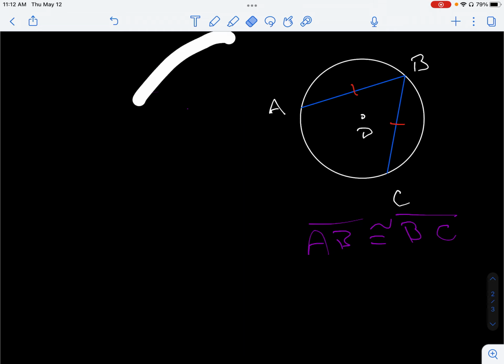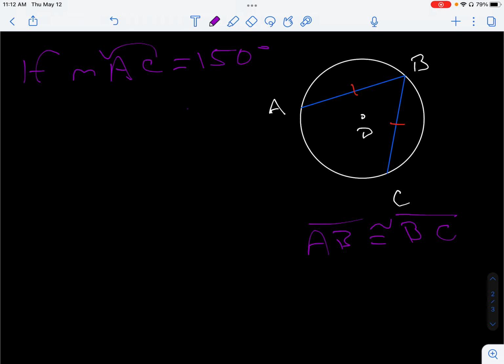So let's get rid of this and say, if the measure of arc AC equals 150 degrees, what is the measure of arc BC? Well, AC is this one right here.